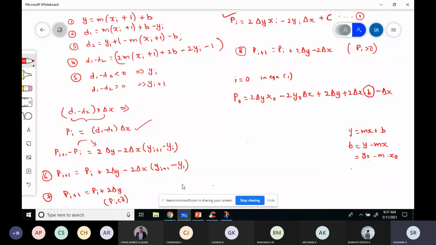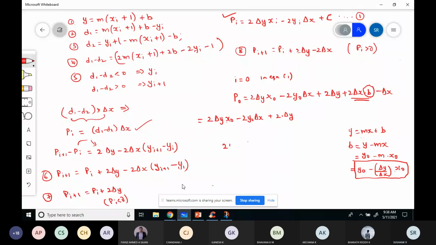What is m? m is nothing but the slope, dy by dx. So dy by dx into x naught. This value I'll use in this place. So it will be like 2 times delta y x naught minus 2 y naught delta x plus 2 delta y. This I'll take separately and simplify.